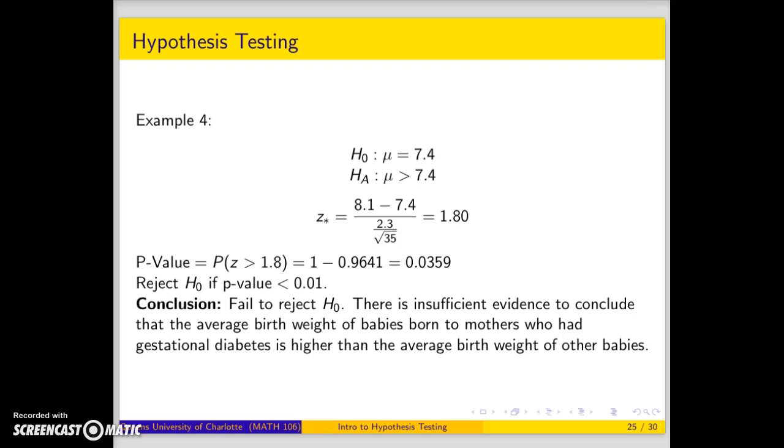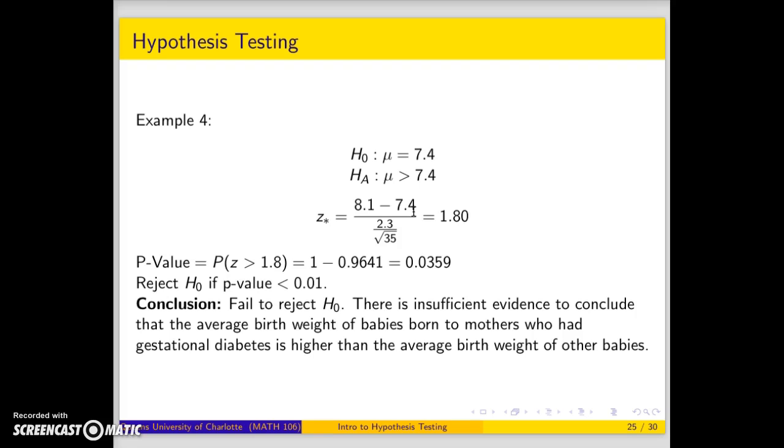Then we plug in the values for the z-test statistic. Our sample mean is 8.1 minus the hypothesis value, which is 7.4, divided by sigma, which is 2.3, over the square root of n, which is square root of 35. And we get a z-statistic of 1.80.